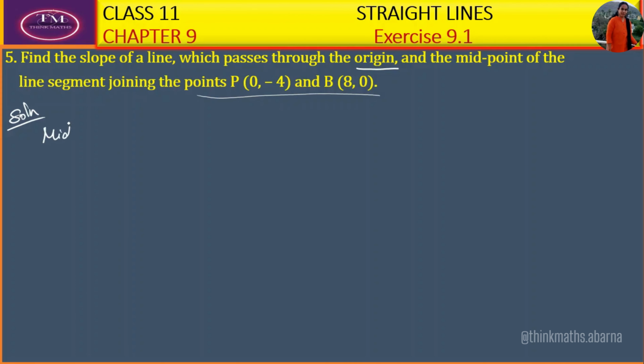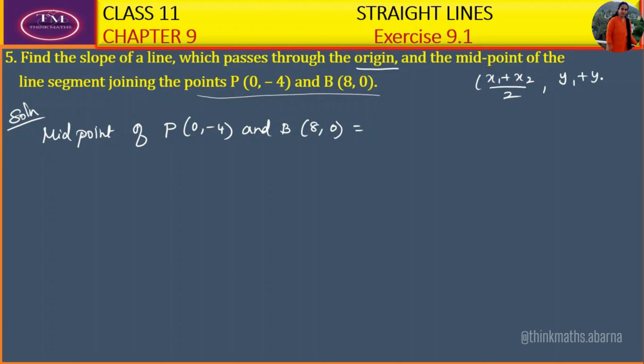So midpoint of PB. P is 0 comma minus 4 and B is 8 comma 0. What is the midpoint formula? It is x1 plus x2 by 2, comma y1 plus y2 by 2.